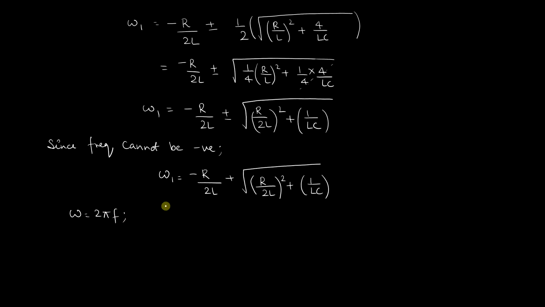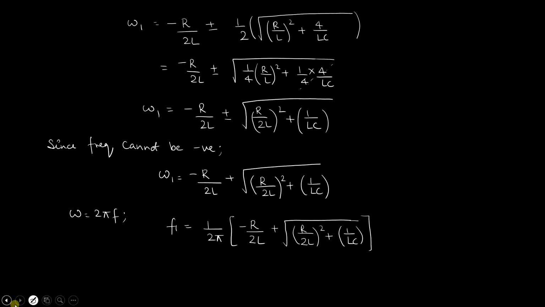So when you write this in terms of frequency, bring this 2 pi to the right hand side. So I can write this as f1 equal to 1 by 2 pi multiplied with the remaining term. So this is the expression for frequency f1.